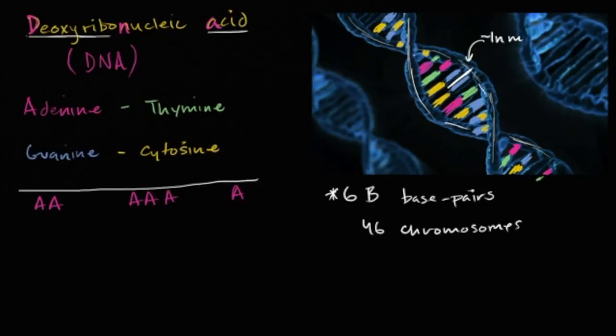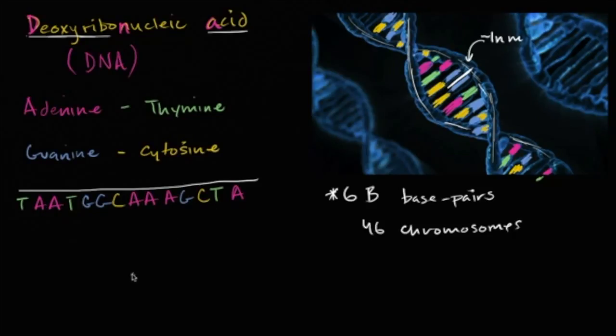Maybe you have some thymine right over here. Then you have some guanine, and then let's say you have some cytosine and some cytosine. So with just half of this ladder, you're able to construct the other half.